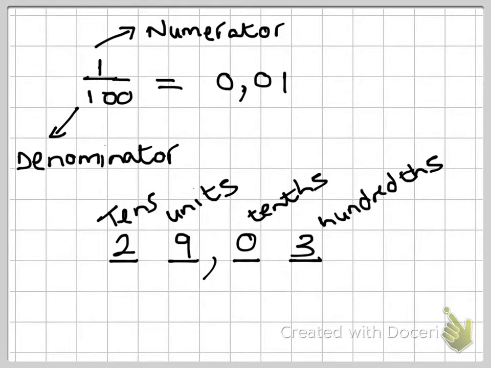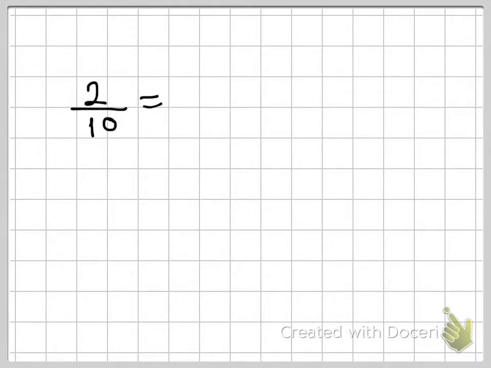So it would just be 0, comma. Remember a fraction is a part of a whole, but in the tenths place I would put a 2.